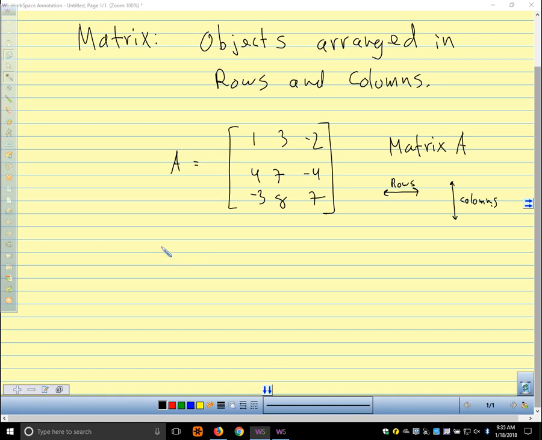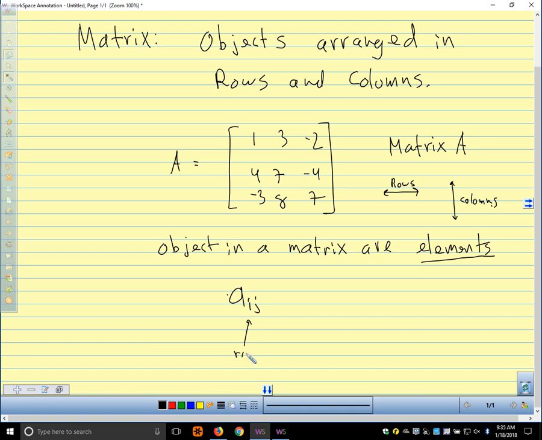The objects in the matrix are called elements. So we have matrices filled with elements. And the way we write an element is by its position in the matrix. So this is an element A sub ij. This tells which row it's in.